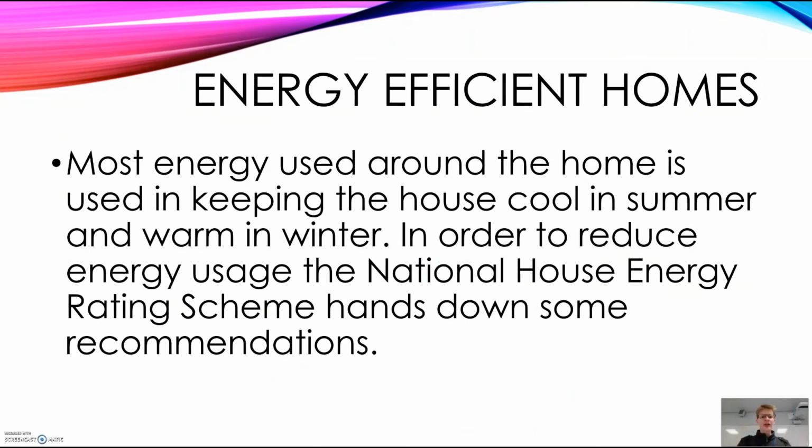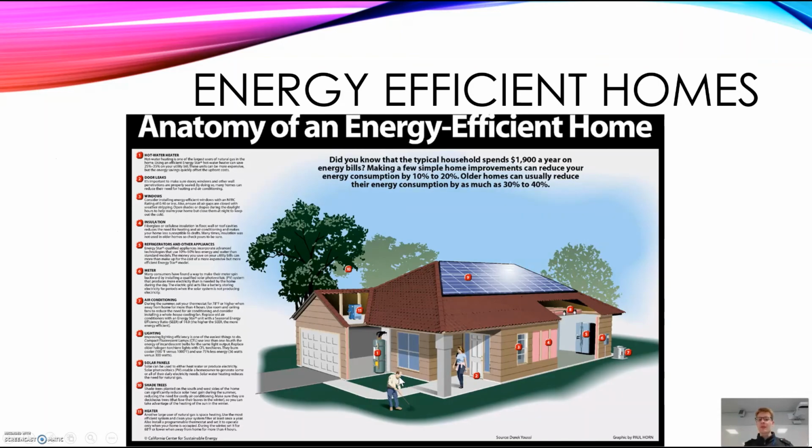electricity. One of the biggest uses of energy in a home is the energy needed to keep a house cool during the summer and warm during the winter. So in order to reduce energy and to be more energy efficient, you need to think about how you can reduce the amount of energy you use during those key periods.